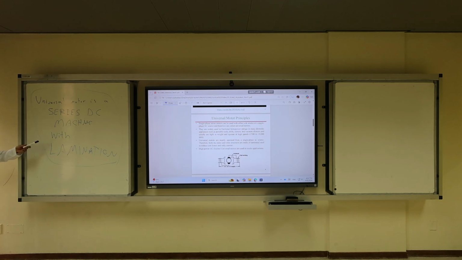However, if you apply an AC voltage across that series DC machine with lamination to avoid eddy currents, it will rotate but at a lower speed compared to the DC machine. How do you remember that when you study? Think with me.